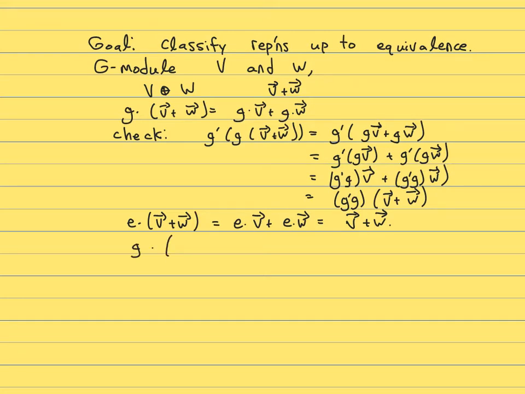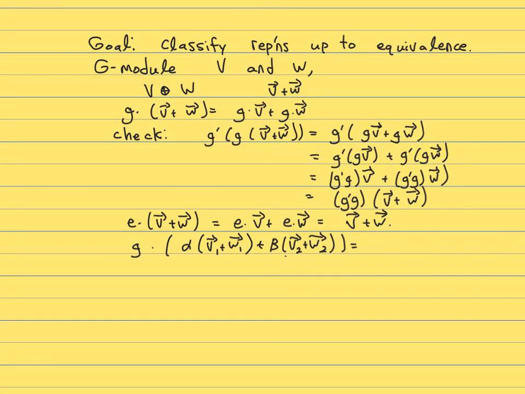So I need to take a linear combination of two vectors in this vector space. Well, the way the group action works, by definition, G multiplies on each component separately. No, wait, that's not true.